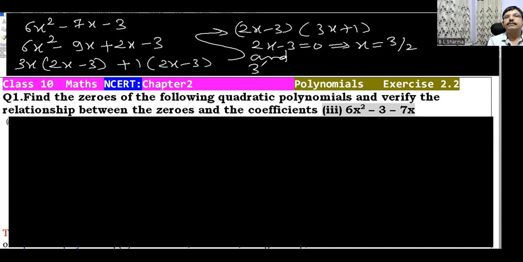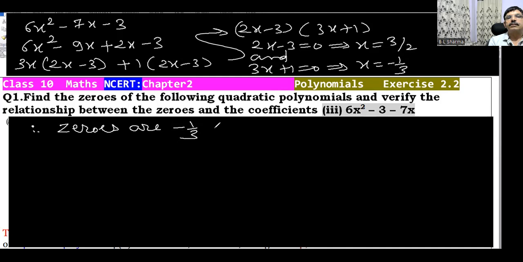And 3x plus 1 is equal to 0, so x is equal to minus 1 by 3. Therefore, the two zeros are minus 1 by 3 and 3 by 2. These are its two zeros.